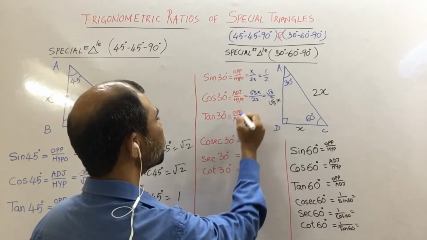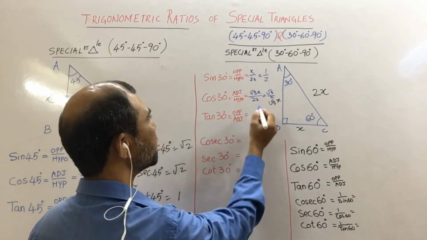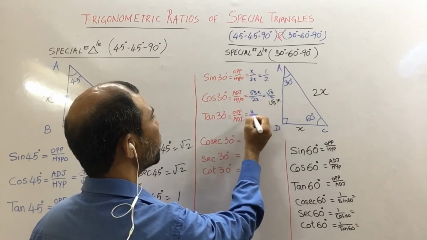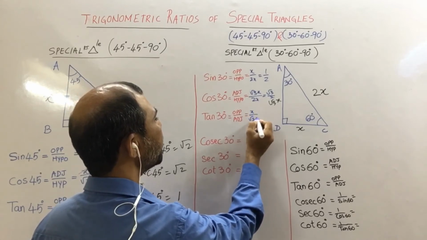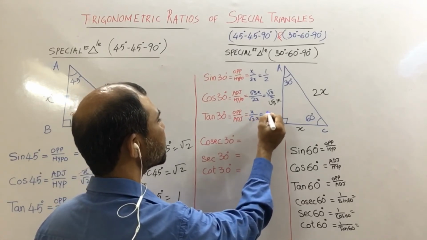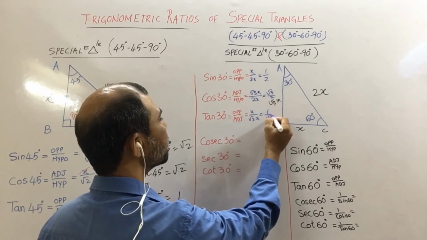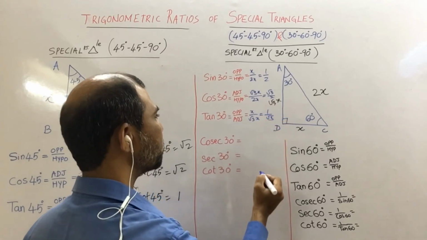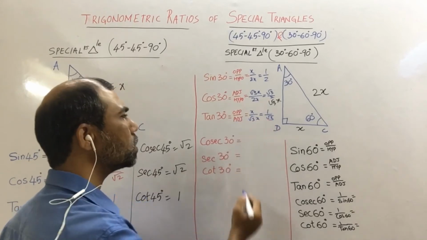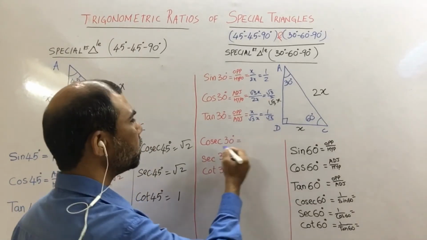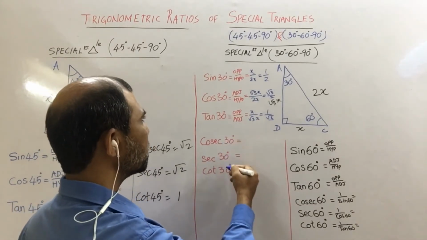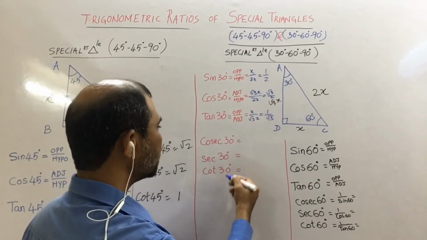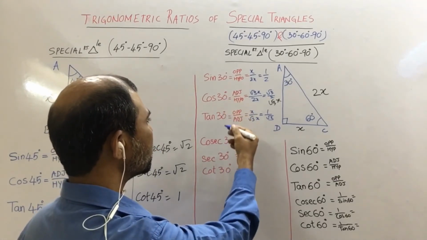Same way, opposite over adjacent is tan 30, that is x over square root of 3x. X gets cancelled, then we will get 1 over square root of 3. Tan 30 is 1 over root 3. Similarly, if you want to find the cosecant, secant and cot, these are the reciprocals of sine, cos and tan.